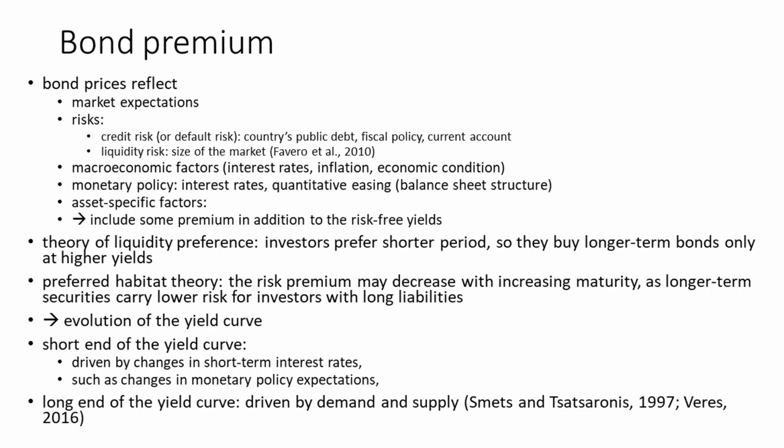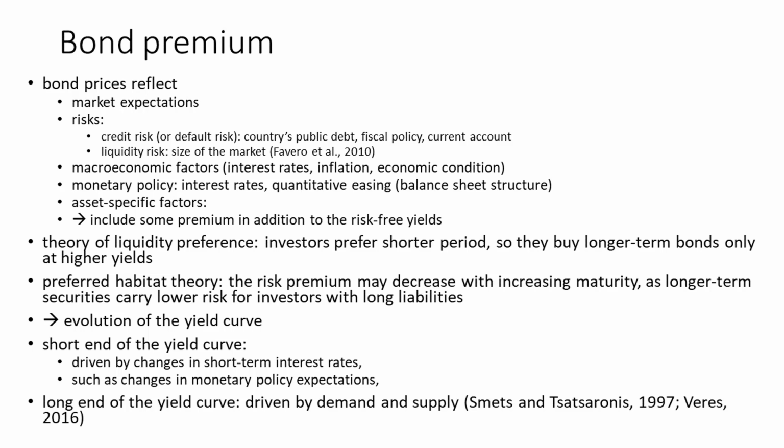So after that, we have to talk about the premium, because from the investor point of view this is, I think, the most relevant issue. So bond prices should reflect the following things. First of all, market expectations, then credit risk, liquidity risk. In the case of sovereign bonds, then country's public debt, fiscal policy, current account, so external balance and funding balance.